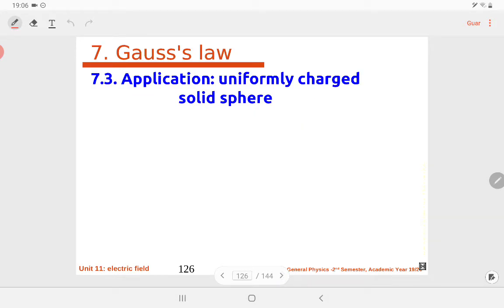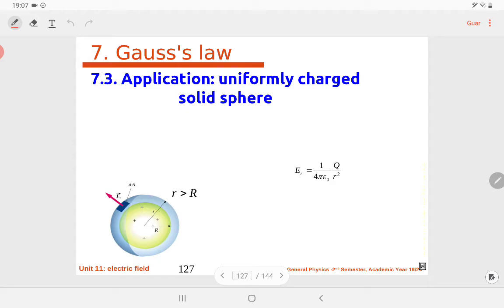Another similar example is using a uniformly charged solid sphere. So this is a sphere, this is different from before, because this sphere is completely solid. So it's not a shell, it's completely solid. So we're going to denote this sphere. It's going to have a radius big R, and the total charge is going to be big Q. Okay, so very similar to what we had before.